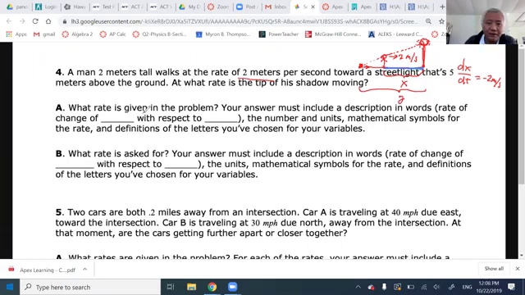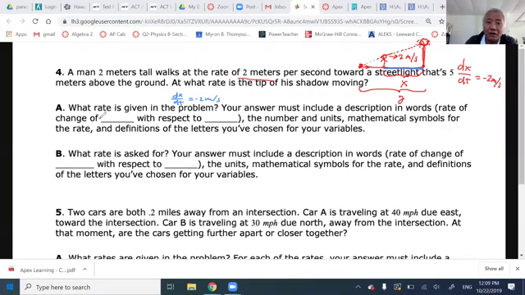The rate given in this problem is dx/dt equals -2 meters per second, okay? Your answer must include a description of the rate of change of what?